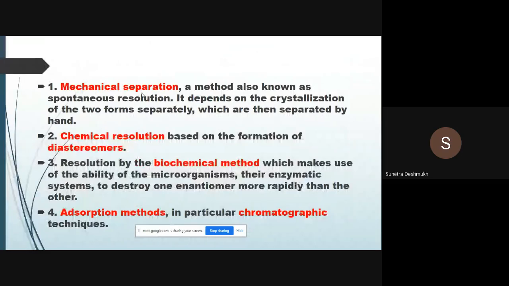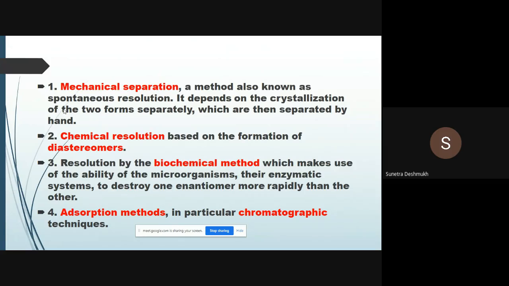We cannot apply it to various racemates or such types of compounds. Due to these limitations or drawbacks of mechanical separation, different scientists developed different methods. Out of those, the second method is the chemical resolution method, which is based on the formation of diastereomers.